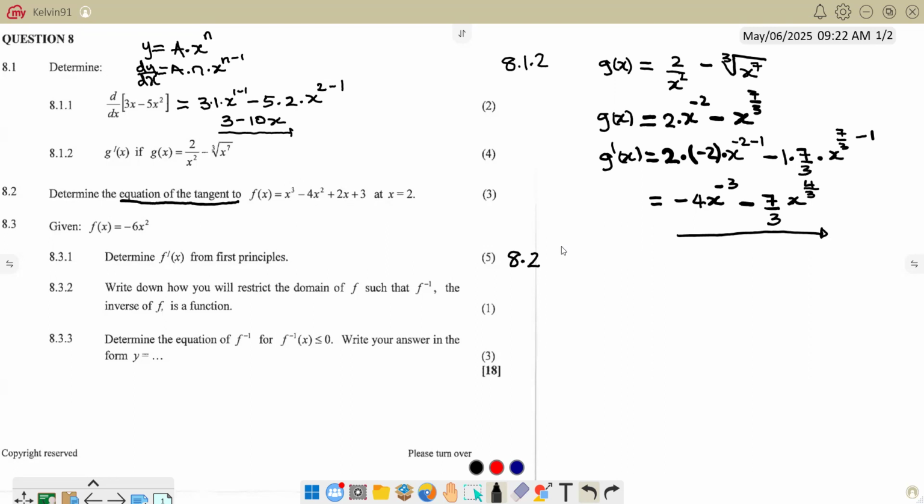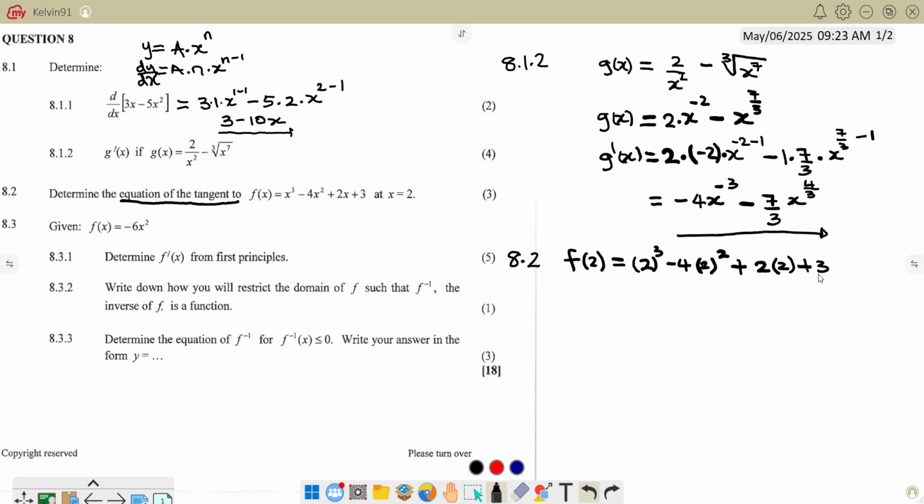So it means we are going to get f(2) being equal to 2 to the power 3 minus 4 multiplied by 2 to the power 2 plus 2 multiplied by 2 plus 3.